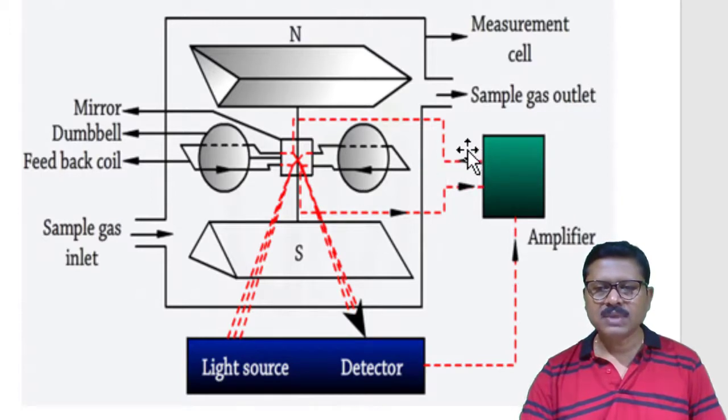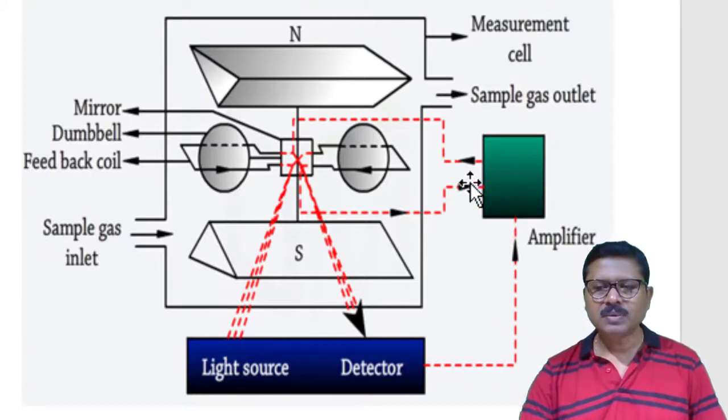Now this change of the current is the indication of the oxygen concentration in the sample. If the oxygen concentration in the sample is higher, the twisting of the dumbbell is higher, the twisting of the mirror is higher, the deflection of the light is more, and the change of output is higher.